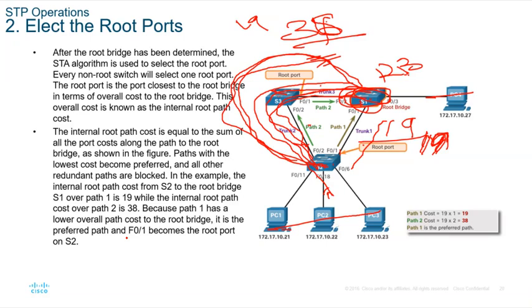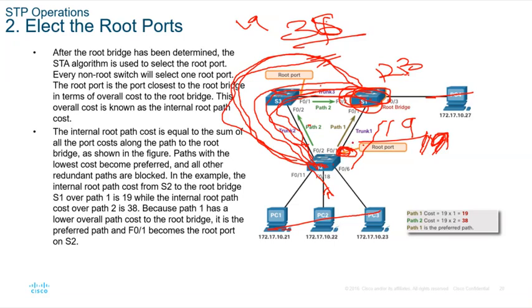In an example, the internal root path cost from switch 2 to the root bridge, which is switch 1, over path 1 is 19, while the internal root path cost over path 2 is 38. Because path 1 has the lowest overall path cost to the root bridge, it is the preferred path. And F1 becomes the root port, which is this one here.